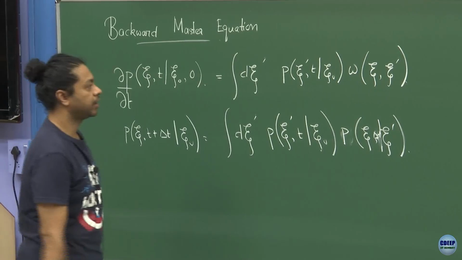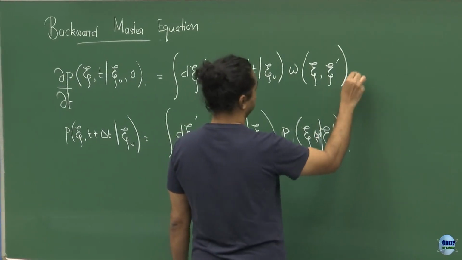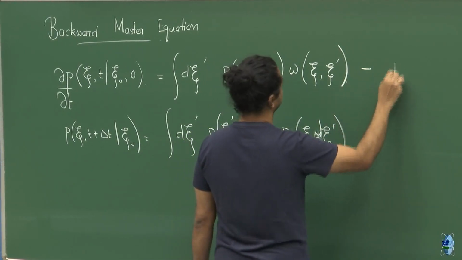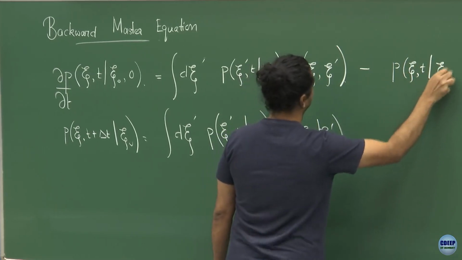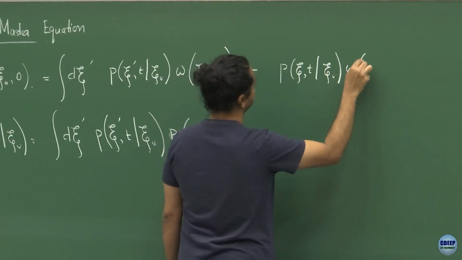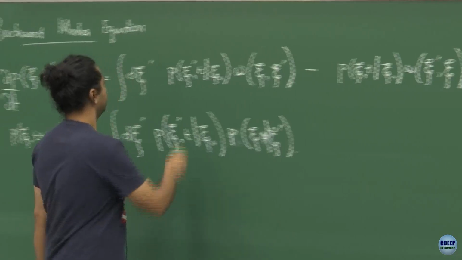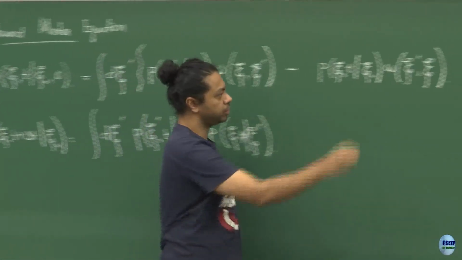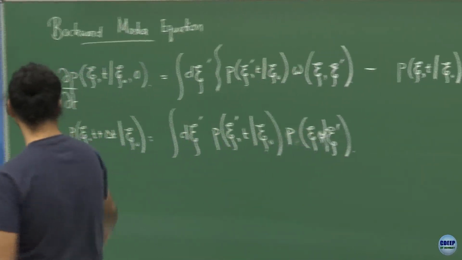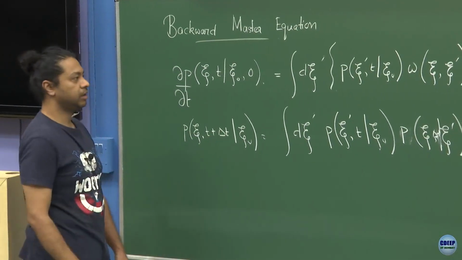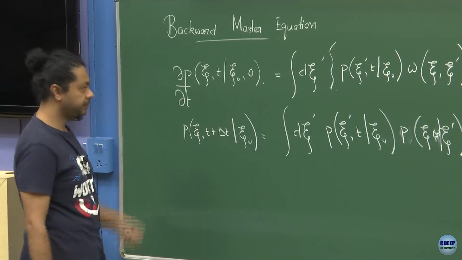So this was my incoming terms, and then I had my outgoing terms, which was that I was at psi, t, psi naught, and I transitioned out of that to any other possible state, integrated out over all possible states. So this was my forward equation. Starting from here, we had Taylor expanded these probabilities, we converted into rates, and then we got a forward master equation.